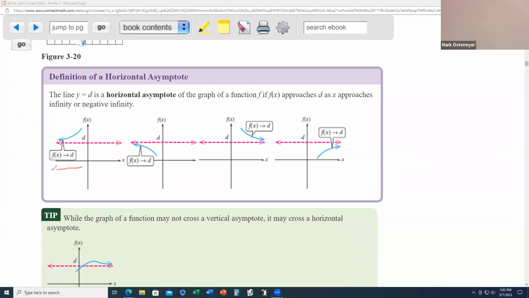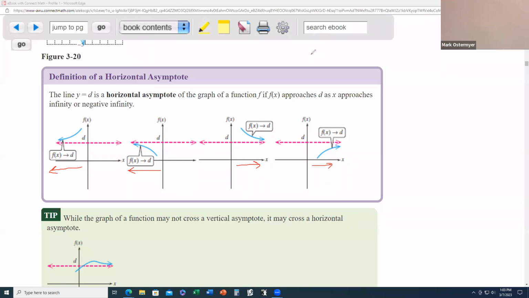If we go far to the left on the x-axis and the graph approaches that horizontal red dashed line from above or from below, then we say that this horizontal line is a horizontal asymptote. Or if we allow x to approach positive infinity, we go far to the right on the x-axis, and our graph is approaching that horizontal line either from above or from below, we say that we have a horizontal asymptote.